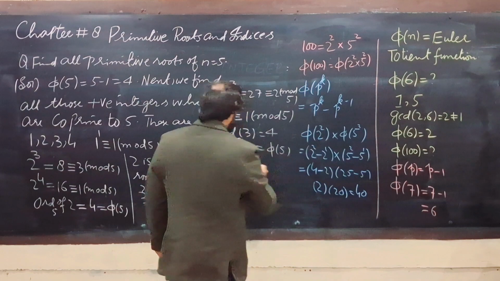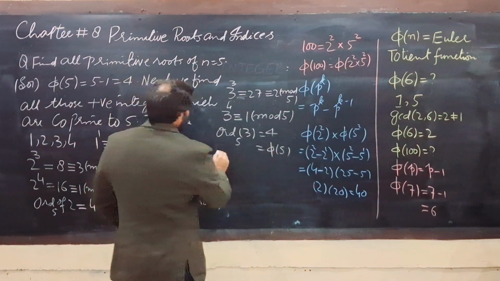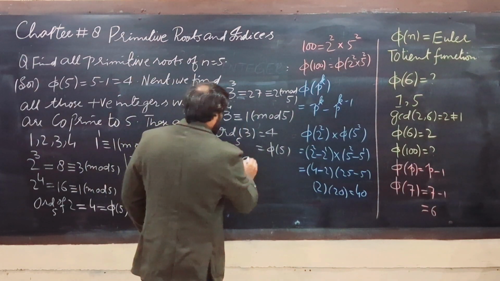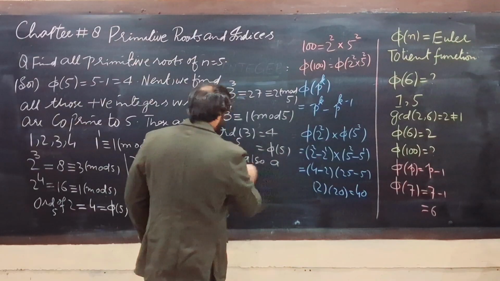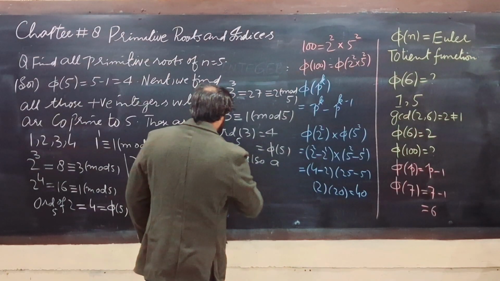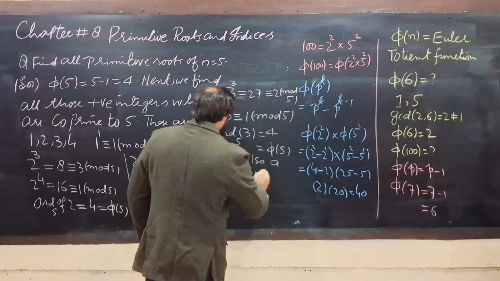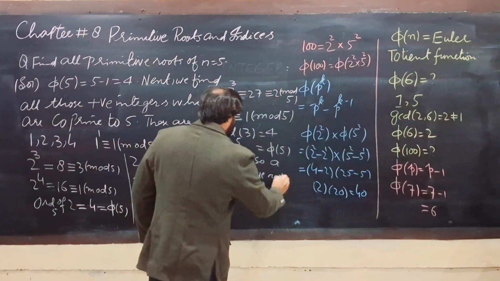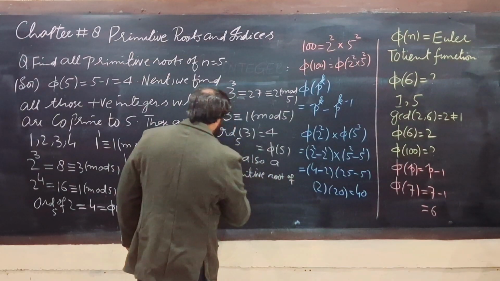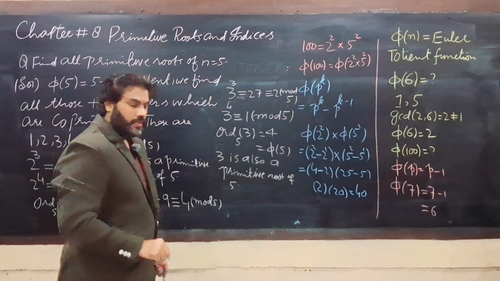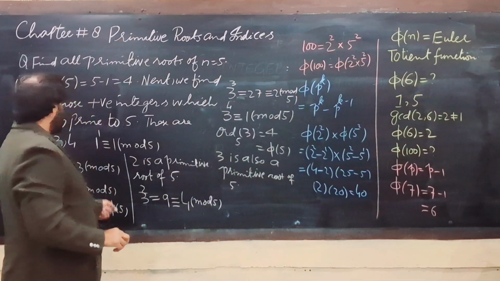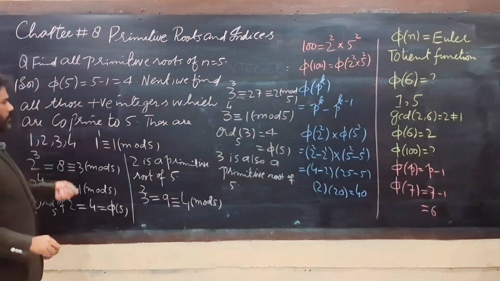So this shows that 3 is also a primitive root of 5. Okay, last number. What is the last number? It is 4.